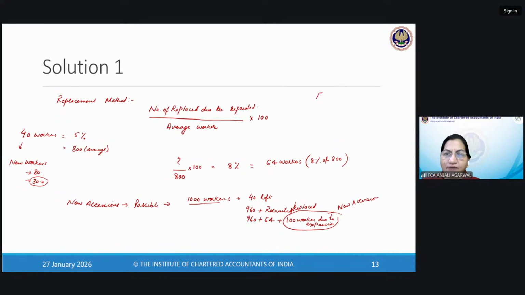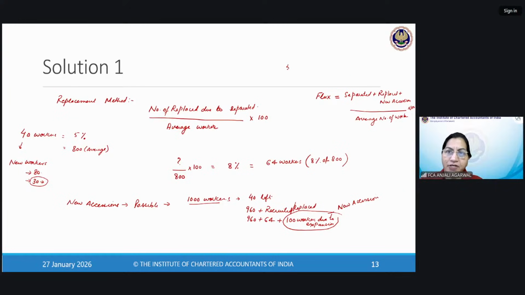Now, if you look at the formula for the flux method, it is separated plus replaced and plus new accession, any new worker who has come in, divided by average number of workers, into 100. Okay.